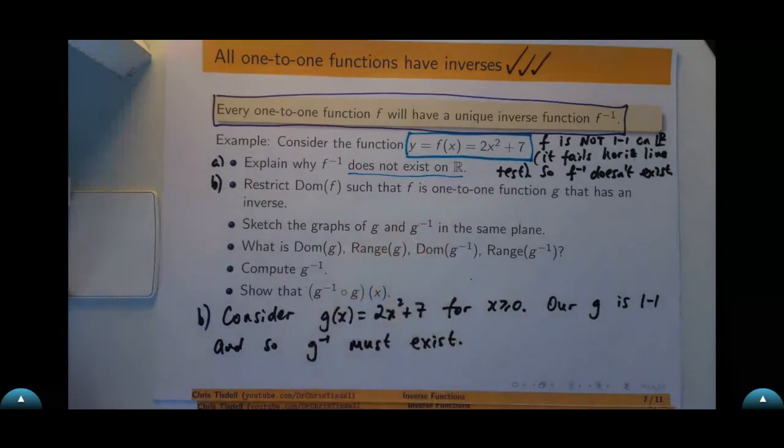Sketch the graphs of g and its inverse. Okay, so let's have a look at that. And what I might do, I'll just put that into GeoGebra. So here it comes.